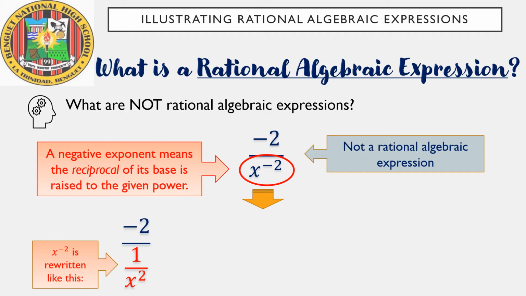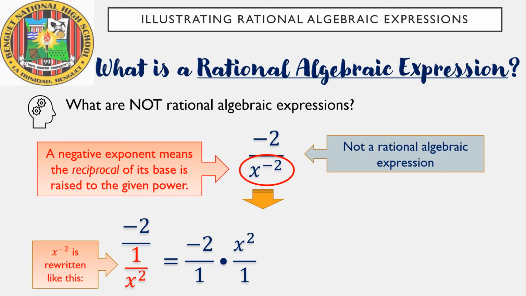Looking at the expression, we have to rewrite the expression again because we can't have a fraction in a fraction. We do that by dividing negative 2 by 1 over x squared because a fraction can also serve as a division sign. That means we multiply negative 2 by the reciprocal of 1 over x squared, which is x squared.